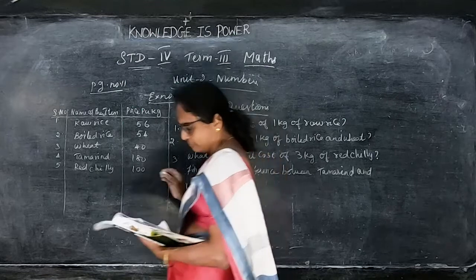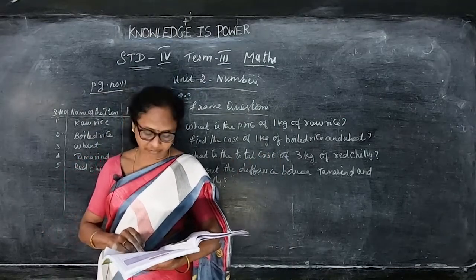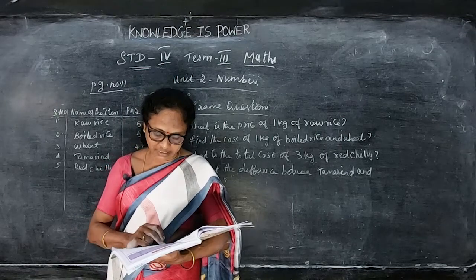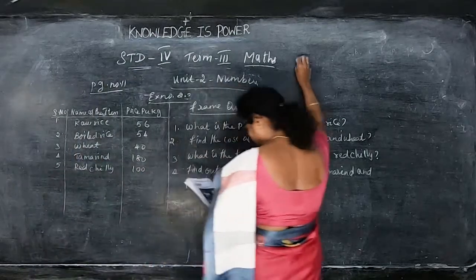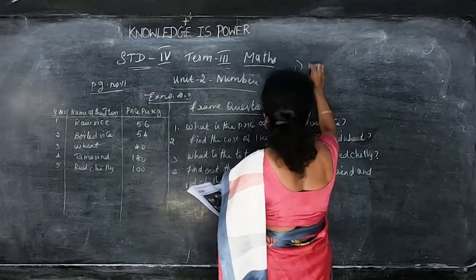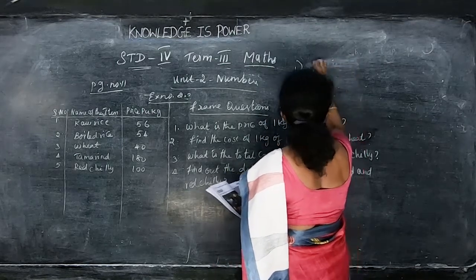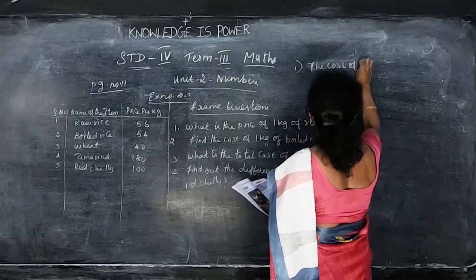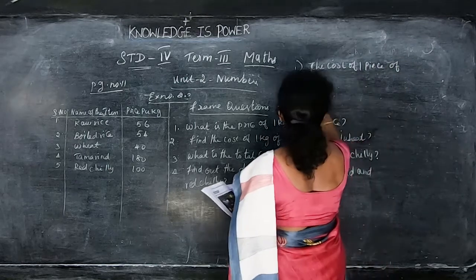Okay, now frame the word problems using the picture. Cost of one piece of cake is ₹25, they say. So you have to write what is the cost of, how many pieces are there? 16 pieces are there. So you can write what is the cost of one piece of cake.